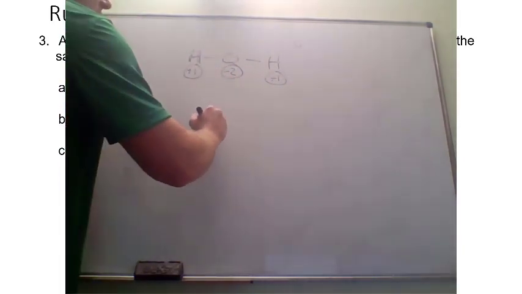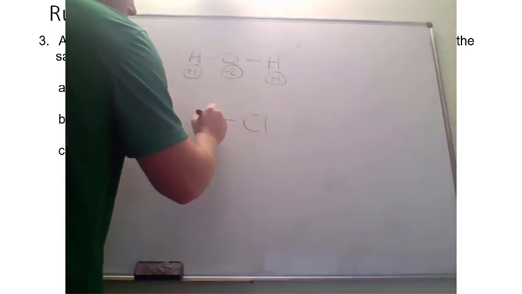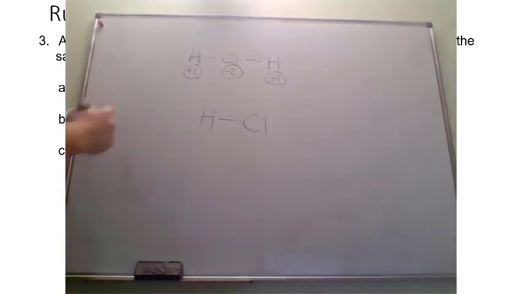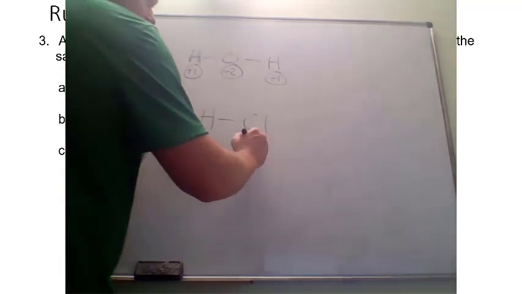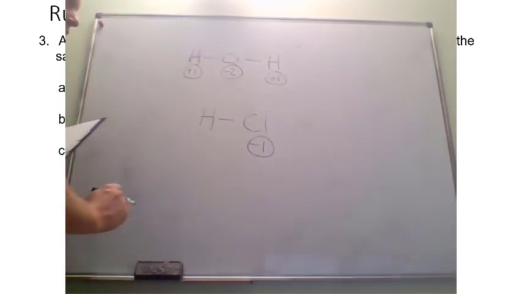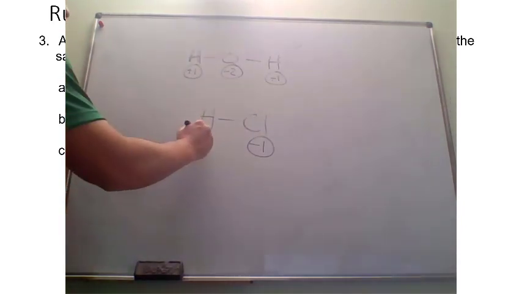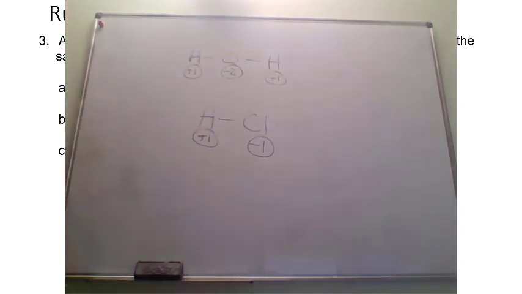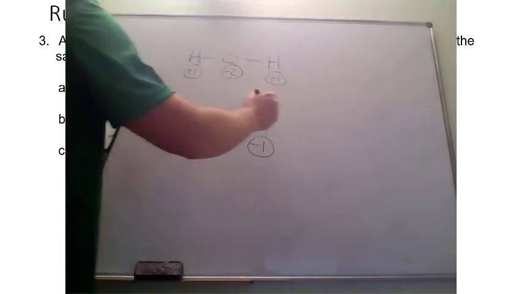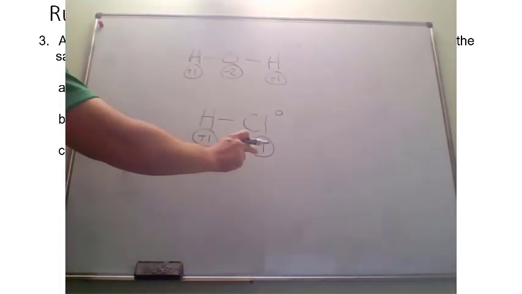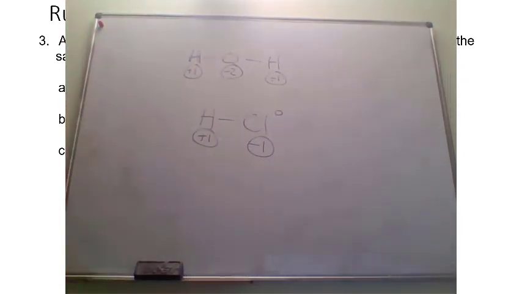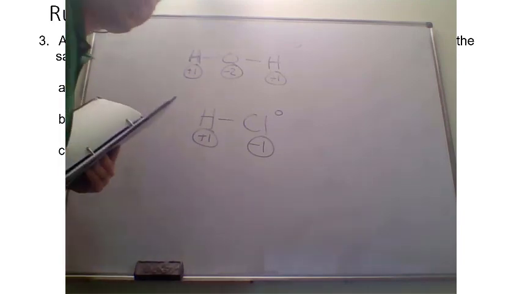Next, HCl, a hydrogen and a chlorine. We know that chlorine is going to have an oxidation number similar to as if it were just a regular ion, so that's going to be -1. And since chlorine is a nonmetal, we know that we have a +1 for our hydrogen. Since HCl is neutral, +1 with a -1 equals 0.